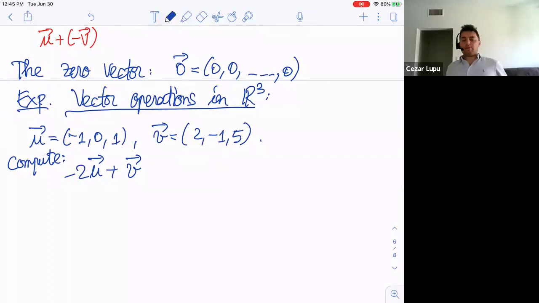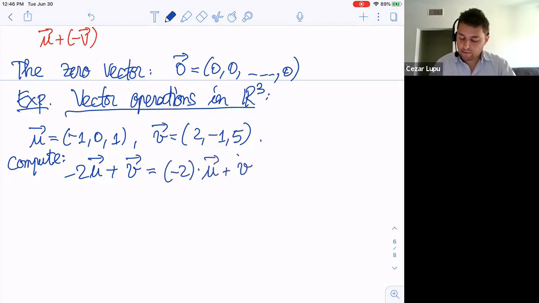Well, as we have seen previously, this is nothing else than just the basic operations that we have done for vectors in the plane. So we're going to do the same thing here. This is just multiplying the scalar -2 times U vector plus the V vector. Okay, let's do it.